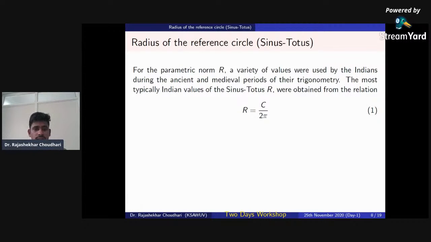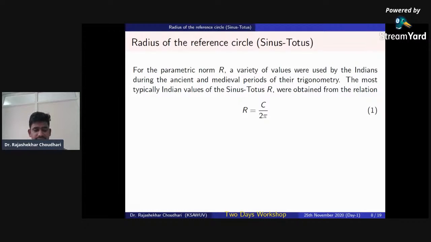The Indians used a variety of values in the ancient as well as in the medieval periods of their trigonometry, and the most typical value of sinus totus was obtained from the following relation. It is just the relation of circumference, C is equal to 2 pi r. If I rewrite it in terms of r, I will get r is equal to C by 2 pi.